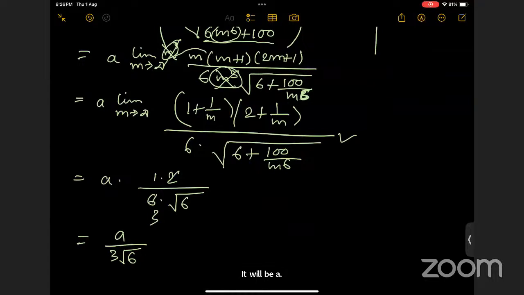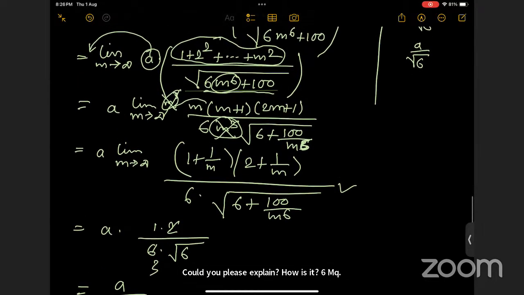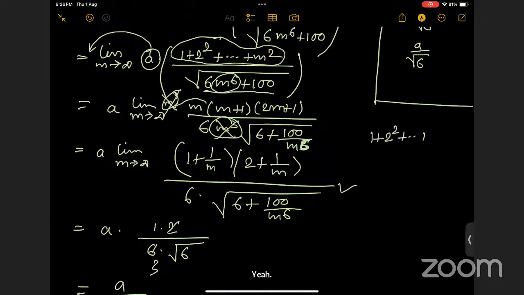Okay, so any doubt regarding the solution? Could you please explain how it is 6m cube plus 3? Yes. We have this formula, m into m plus 1 into 2m plus 1 by 6.